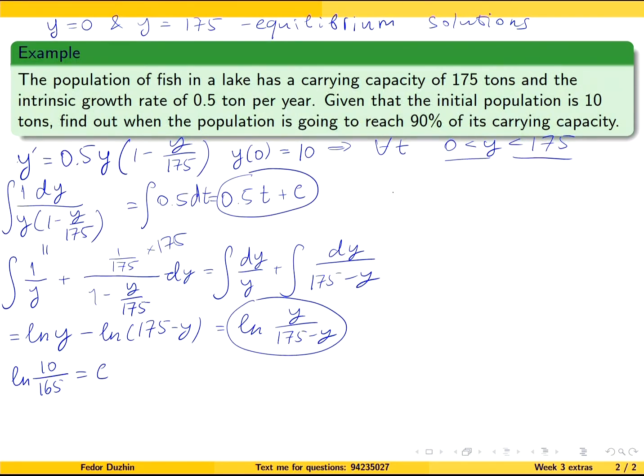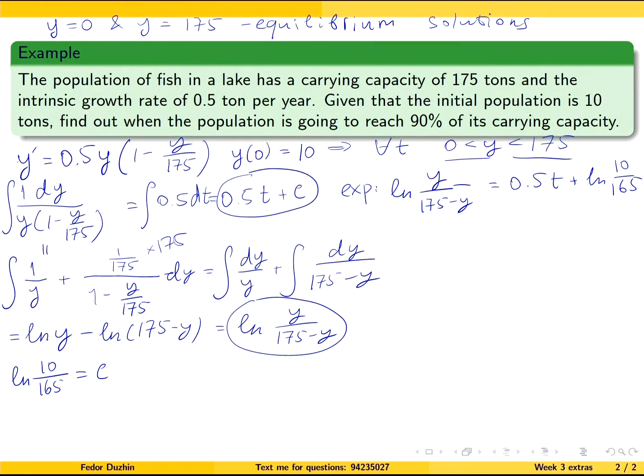So our equation is ln of y over 175 minus y equals 0.5t plus ln of 10 over 165. So how do we solve it? Well, we just apply the exponential function to it.